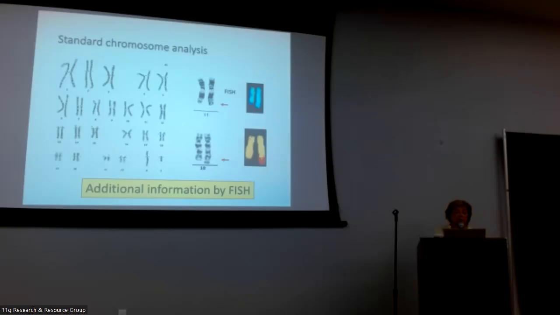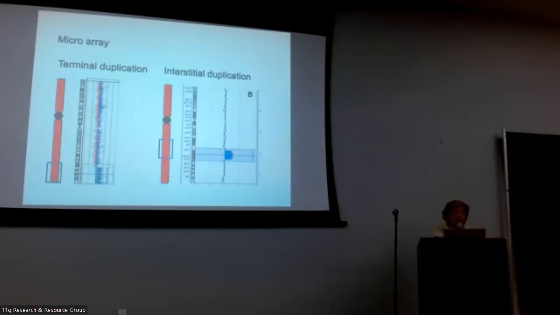So FISH can give additional information, but the best way to see a duplication of chromosome 11 or any other chromosome is microarray. It will tell which part is duplicated.